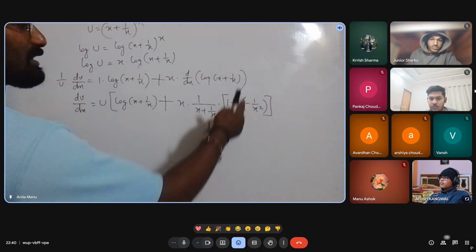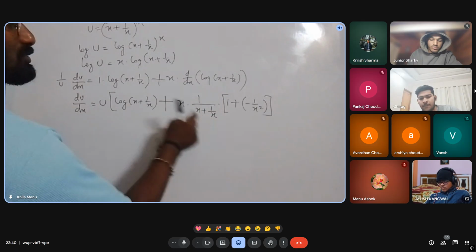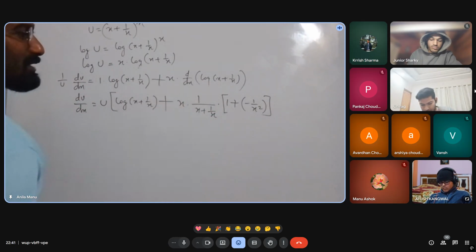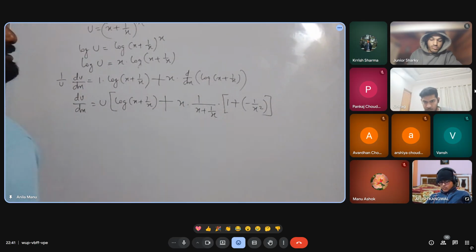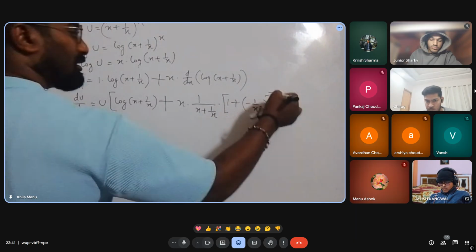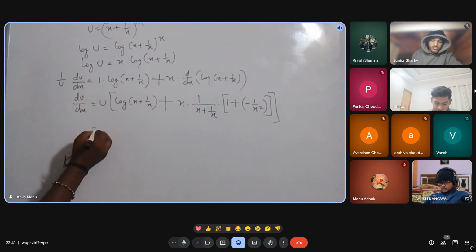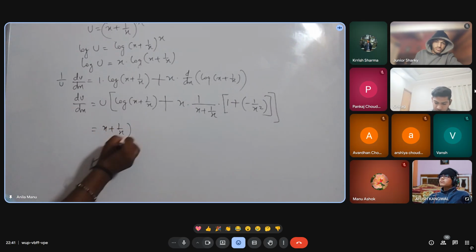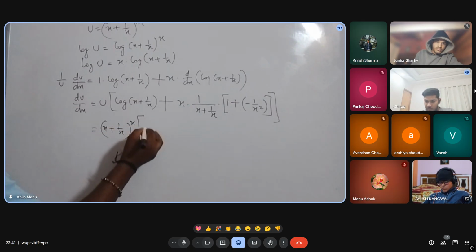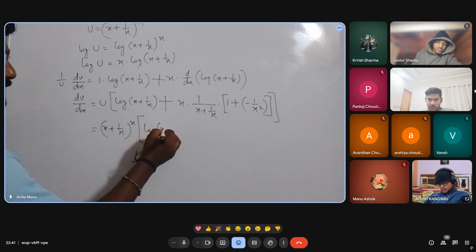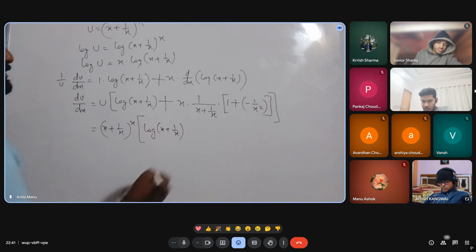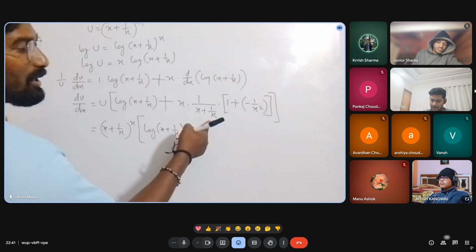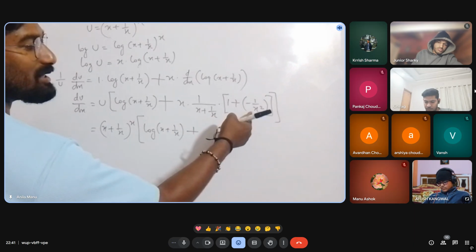Now this part is common for this one, means multiplying, right? Here we have sum. That's why. Now see how we are solving. u, that is (x plus 1 by x) all raised to x, into log of (x plus 1 by x), plus, see how I am going to write this one. This actually is in the numerator, right?